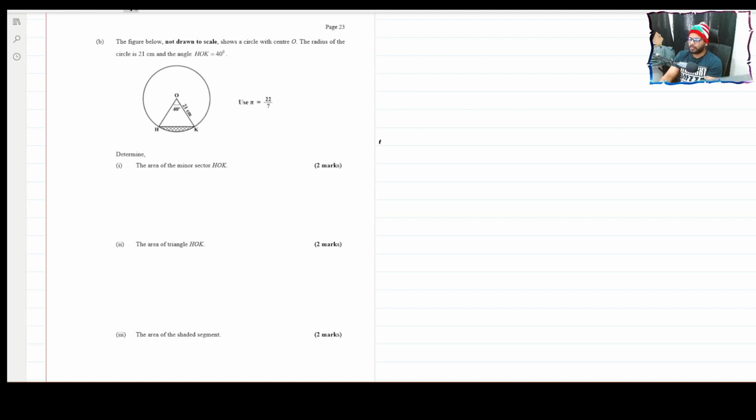So we know that the area of a sector is equal to the area of the circle multiplied by the angle over 360 of the sector, which is 22 over 7 multiplied by r squared, which will be 21 squared, multiplied by, I could put it in a bracket, 40 over 360.